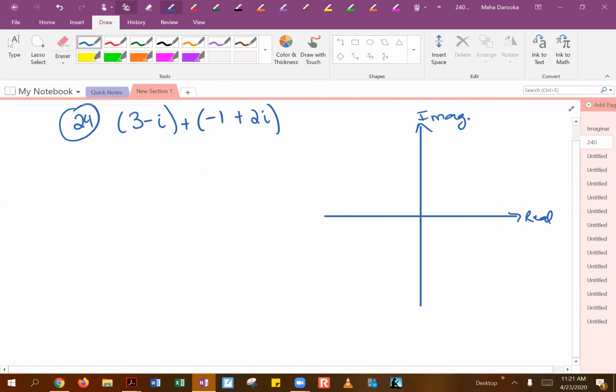So what will we need to do when we're talking about adding these in the complex plane?